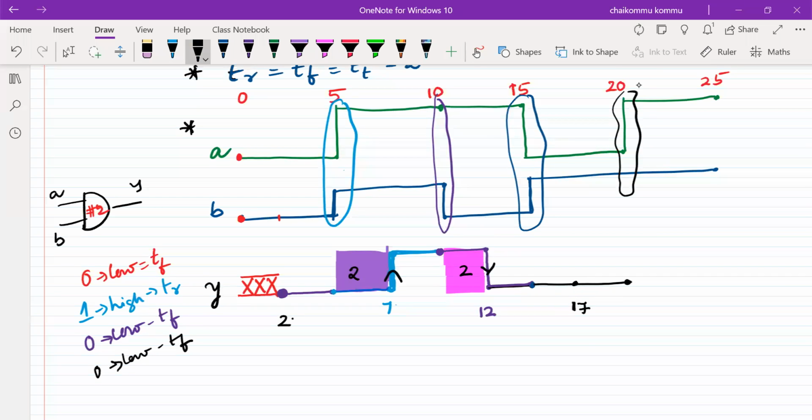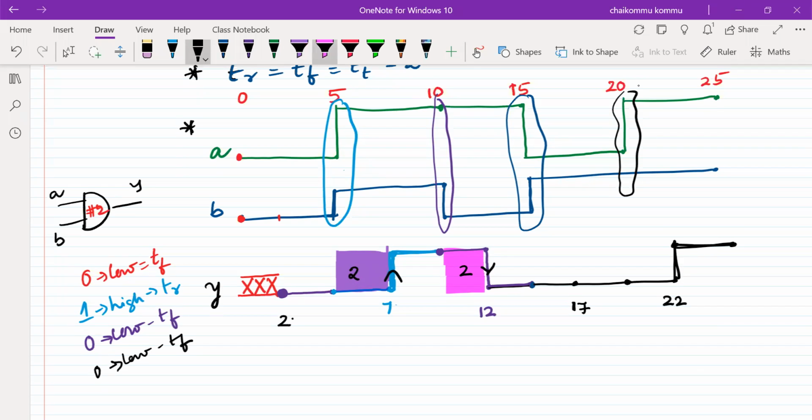But still we didn't find any kind of change. Therefore, it keeps on going, and at 20 nanoseconds there is a change in A and B. Therefore, again it will go back to 1. 1 means, of course, it has to wait another 2 nanoseconds. 22. So at 22, it starts rising and comes back to 1.